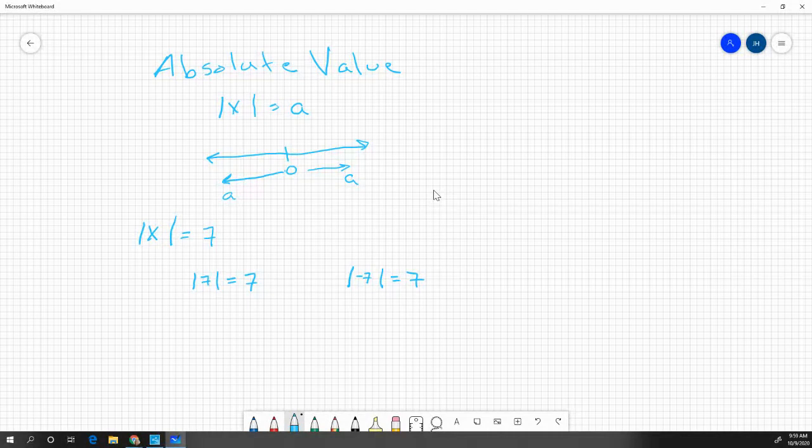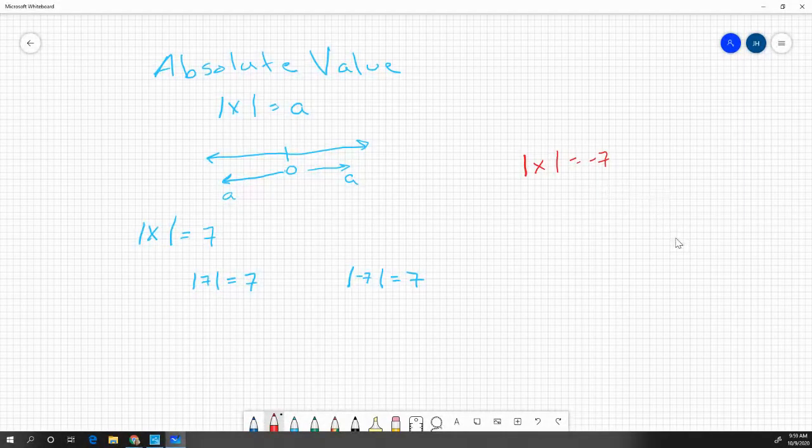A little rule of thumb that I want to mention is if I have the absolute value of x equals negative 7, if an absolute value is all by itself on one side of the equal sign and it's set equal to something negative, you're not going to have a solution, right?